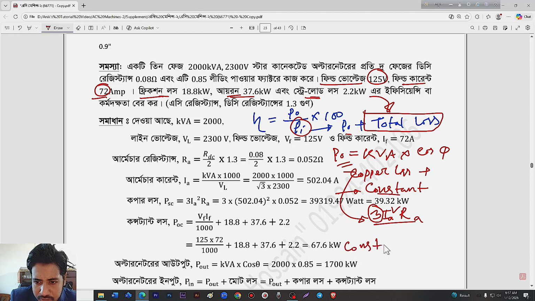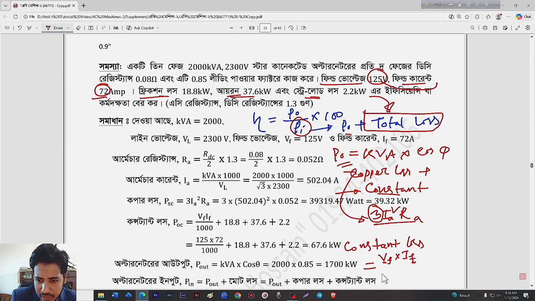Field loss is nothing but constant loss. We know that power P equals V into I, Vf into I, where Vf is the field voltage and the field current is given here.